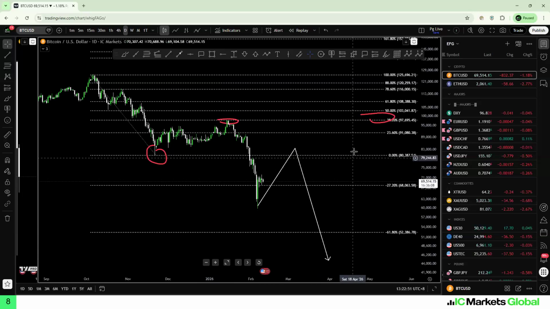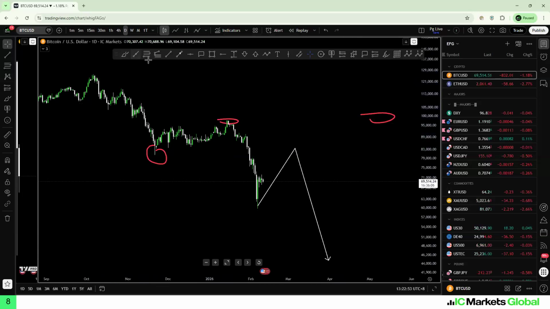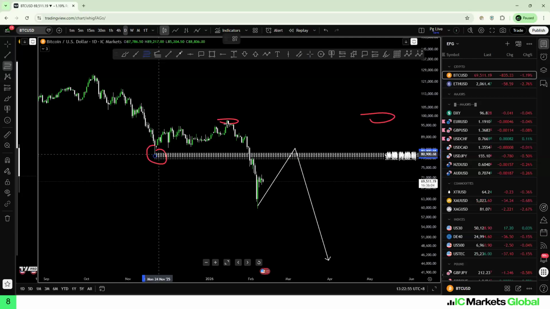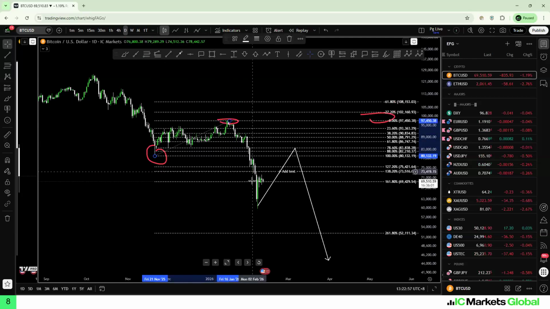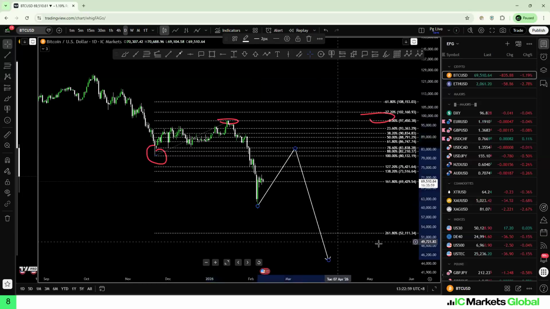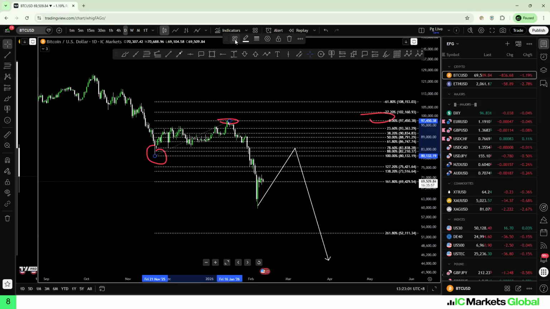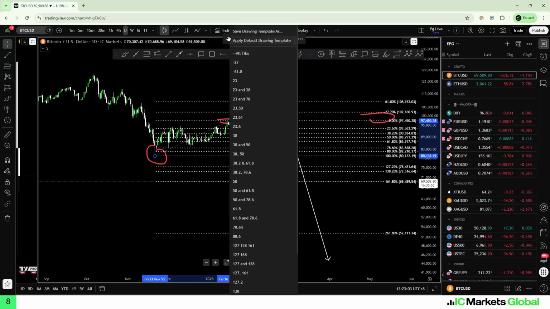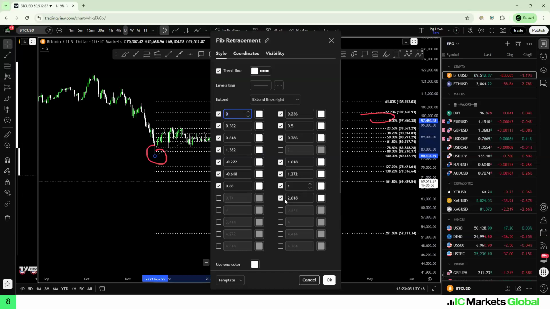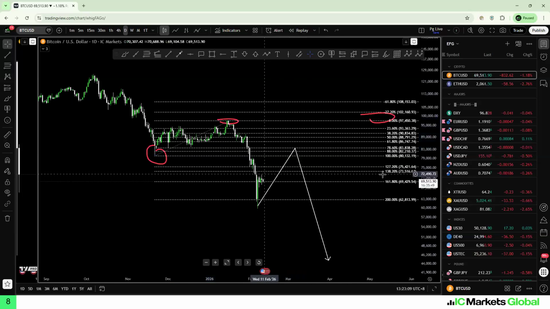Guys, I'm gonna remove this. You see that price has gone all the way here to maybe in this case 200%. Right? You see that?